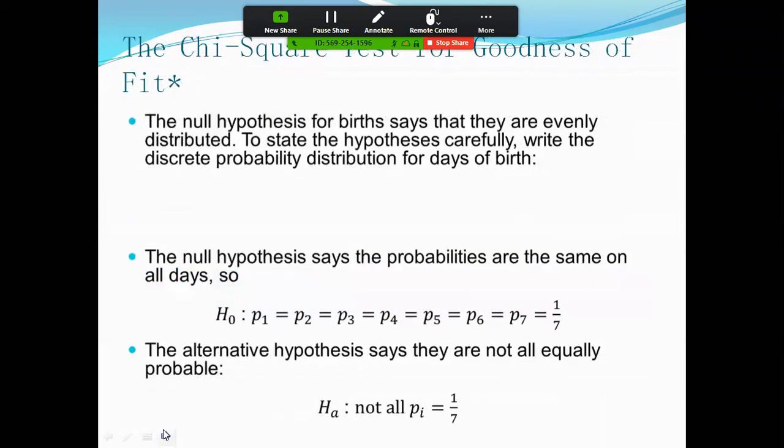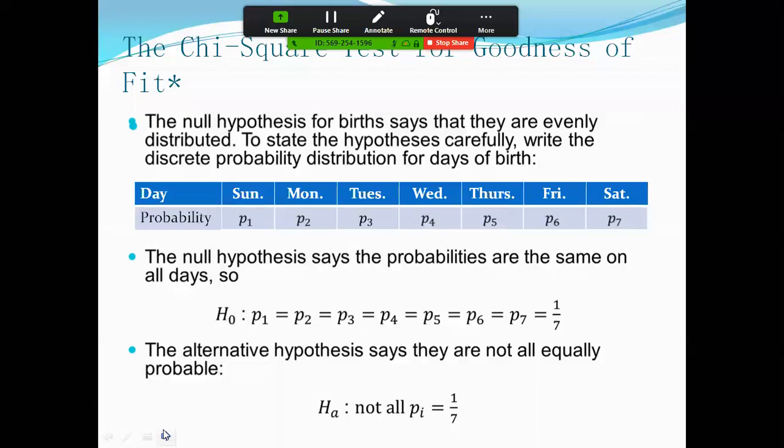The null hypothesis for births says that they are evenly distributed. To state that hypothesis carefully, write the discrete probability distribution for days of birth. So the probability would be p1 for Sunday, p2 for Monday, p3 for Tuesday, p4 for Wednesday, p5 for Thursday, p6 for Friday, p7 for Saturday. The null hypothesis says that probabilities are the same on all days.